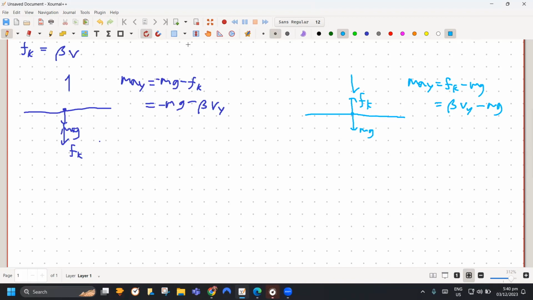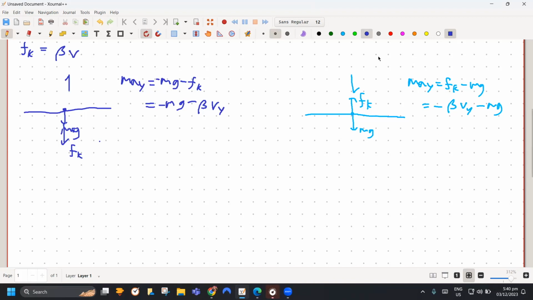Going upwards. So para maging going upwards yan, Vy is negative, beta is positive, what do we have to do there? So minus beta Vy. Compare mo yung dalawang equations for both cases. Pareho lang, di ba? Okay.